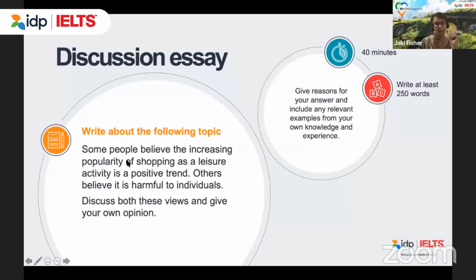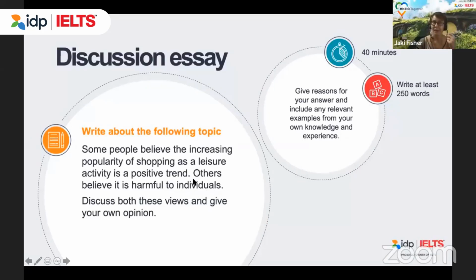So now we look, what are these views? Some people believe increasing popularity of shopping as a leisure activity is positive. Others think it's harmful. So view 1 is it's positive. And view 2 is that shopping is harmful to individuals. So be careful. It's not harmful to the economy. It's harmful to individuals.